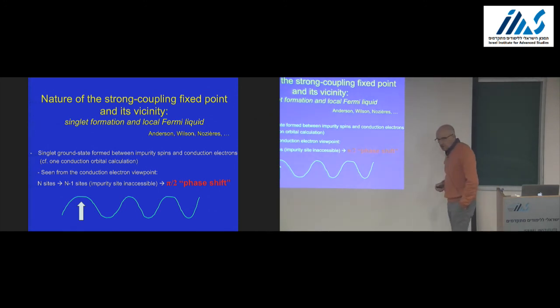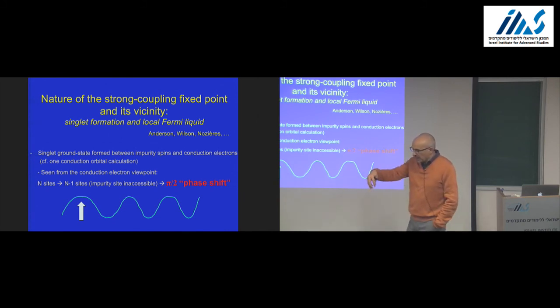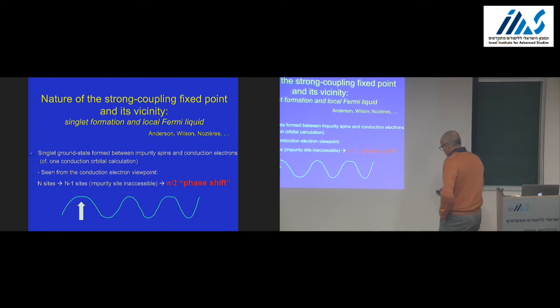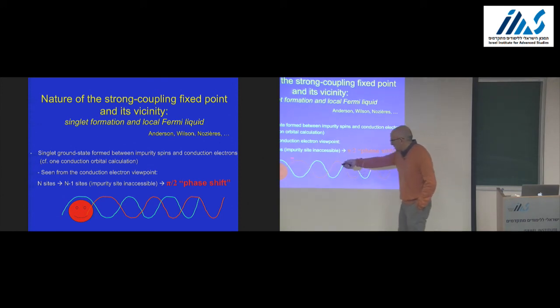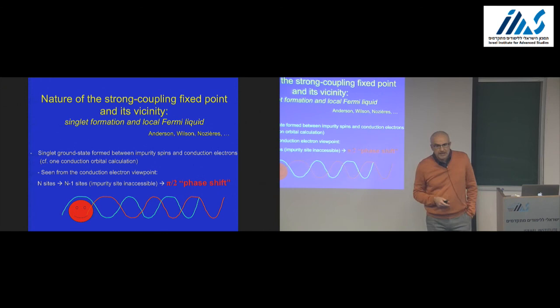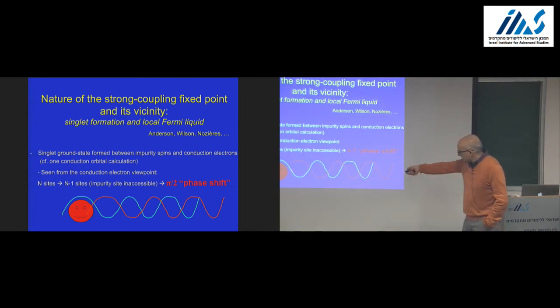What this should do to the conduction electrons in turn, if we were having the setup of a magnetic impurity in a metal, is that some conduction electron binds here to the spin and creates a singlet, and this makes that site a very powerful scatterer for the other conduction electrons.